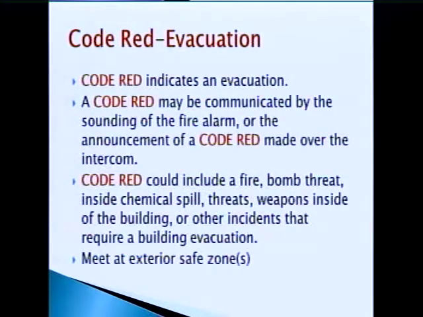It's been structured to try to keep it simple: basically 2 types of emergencies, a code red and a code blue. Code red means get out. That means there is a fire or some hazard in the building that has caused the EAP director to say, okay, there's a code red, everybody get out of the building.